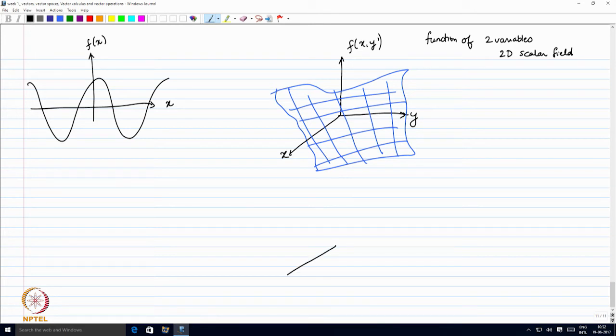So suppose you have x y, and now you have a vector field. Okay. So, a vector field now again, you need, a vector field has 2 components. So, in principle you need 4 dimensions to show this, okay. But you can do this in a slightly better way, okay.